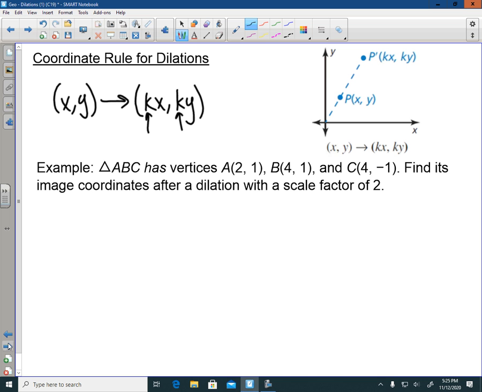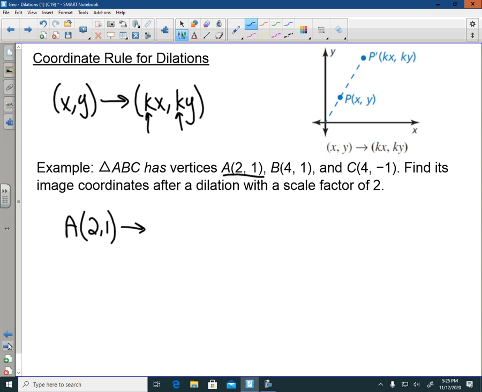So let me show you what I mean in an example. Example says ABC has vertices A, B, and C. Find its image coordinates after a dilation with a scale factor of 2. And so we can use this coordinate rule because we know that A lives at 2, 1. There it is in the problem. A is at 2, 1. And we want to change it using the scale factor 2.